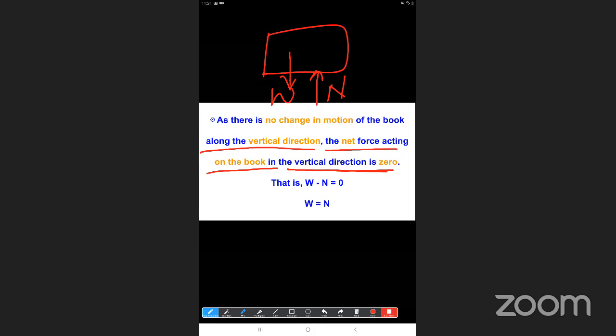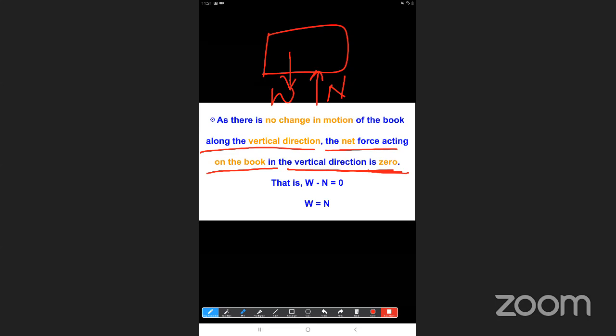The book is at rest. So the net force acting on the book in the vertical direction is 0.